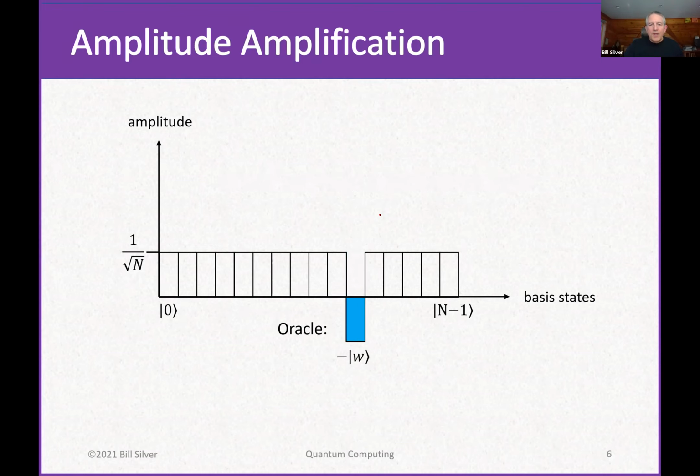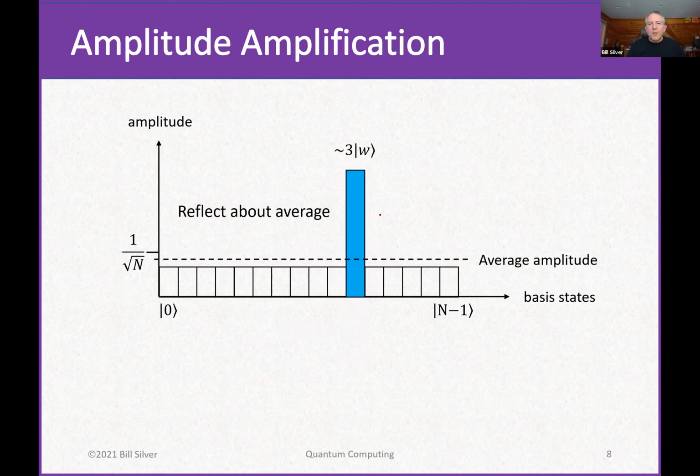And we learned that we can, using a quantum oracle, negate the amplitude there, or equivalently make it out of phase. And then we learned that if we find the average amplitude and reflect about that average, we can amplify the amplitude of this winning state.